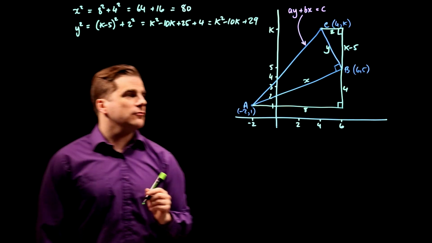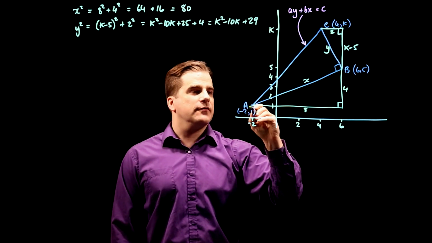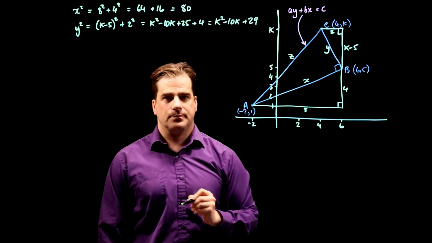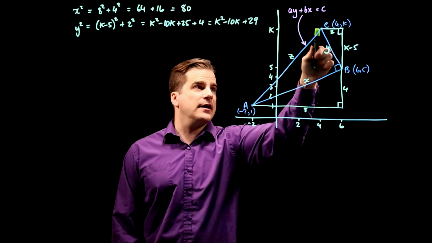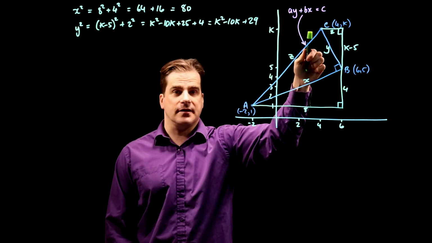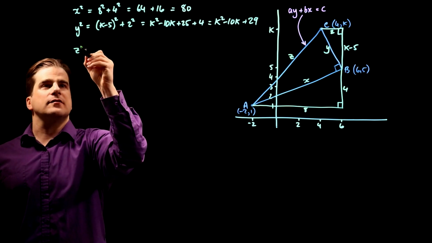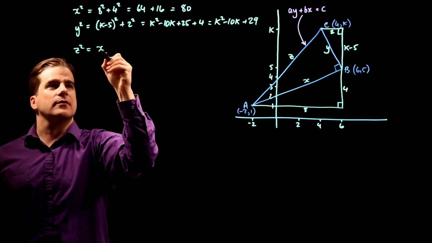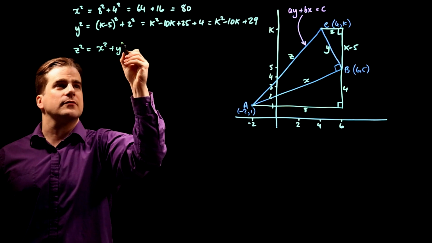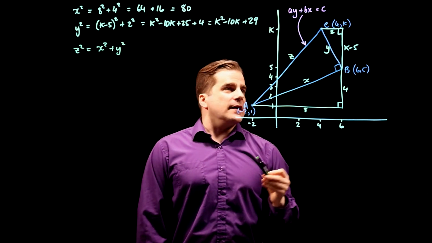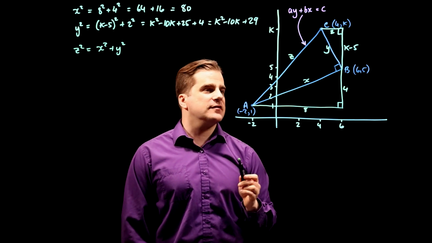Good. Right, let's call the length of the line A to C Z. And now we're going to do Pythag on the triangle ABC. So on ABC, Z squared is equal to x squared plus y squared. Okay? Right. So what's Z squared?